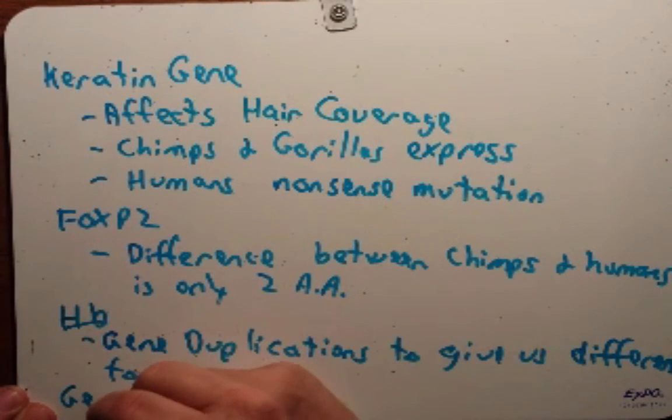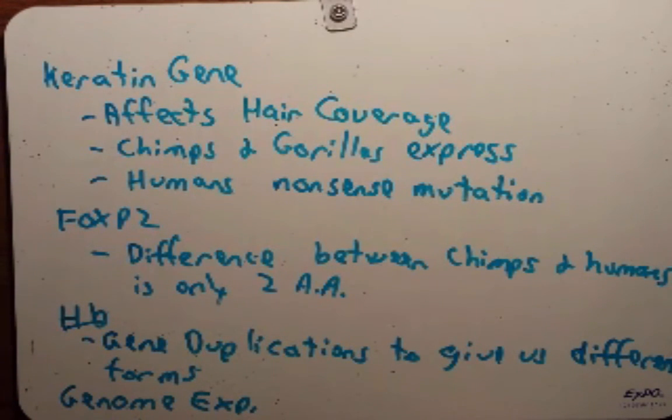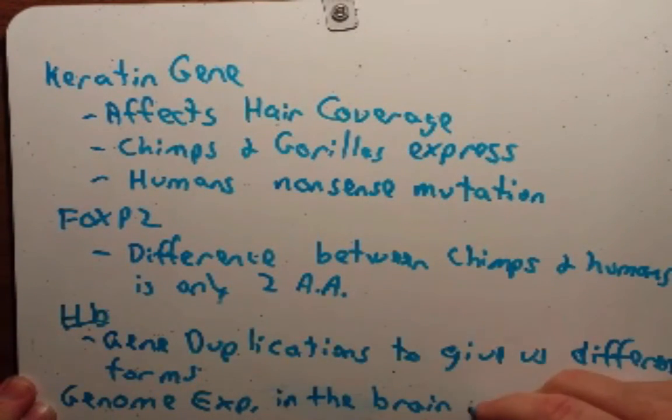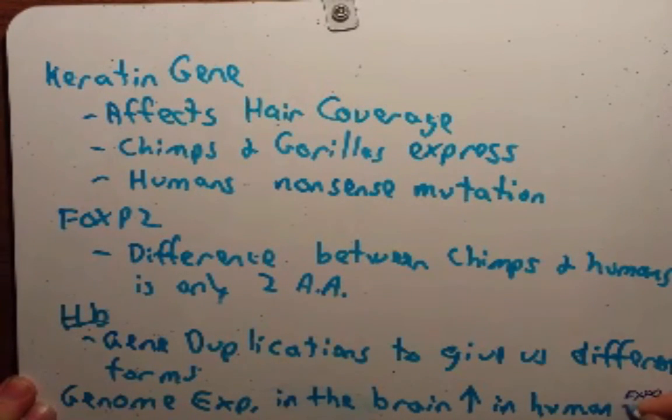Genome expression, just as a general feature. When you compare humans and chimpanzees, we know that genome expression in the brain is increased in humans. We have more genes being turned on. We have more transcription factors in the brain. We also know if we look at the liver between humans and chimpanzees, that the difference in genome expression is not that much.